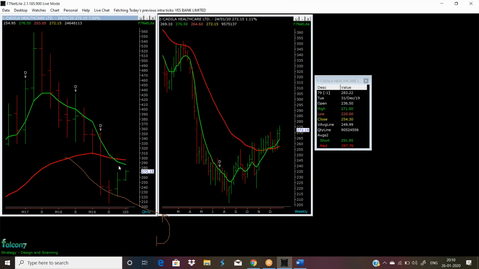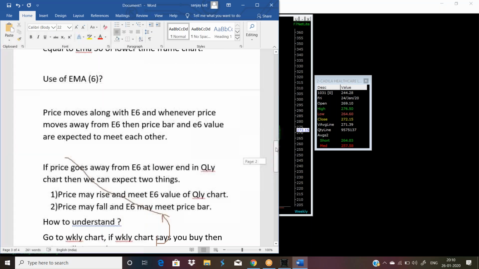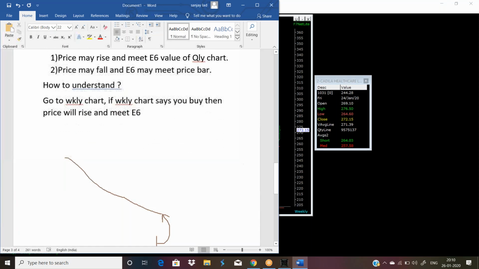So what you have to see is there is another concept of E6, after a continuous fall.